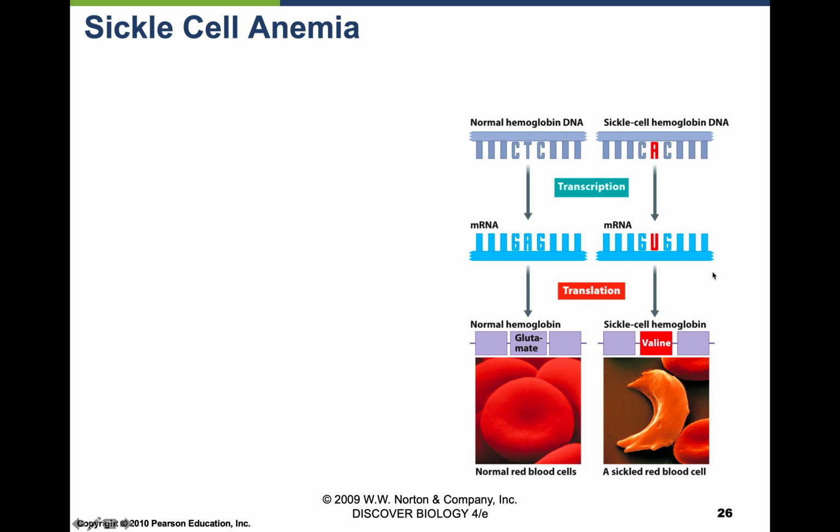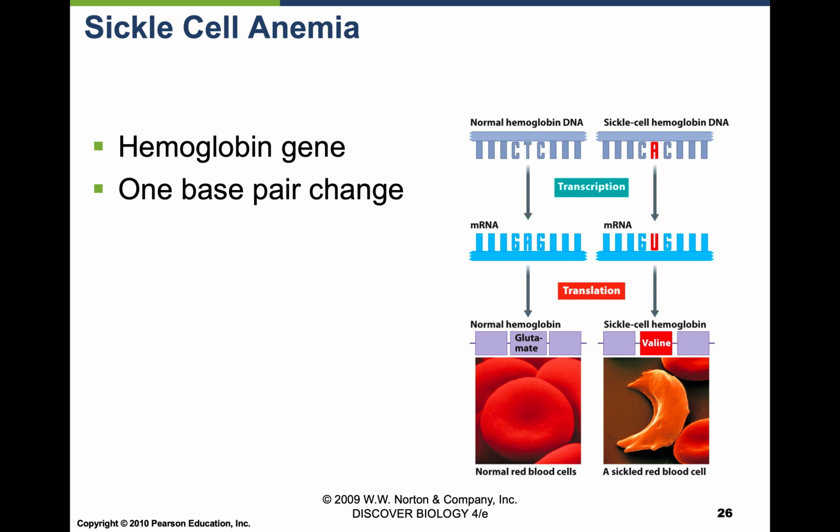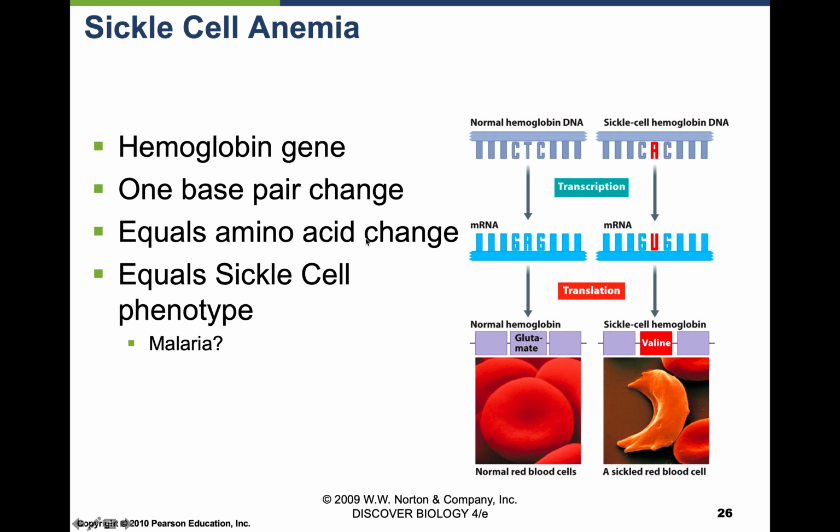Okay, so we're not just making up stories and drawing stuff up, this really happens. It's in the hemoglobin gene, it's really just a one base pair change, and it equals an amino acid change, which brings in the sickle cell phenotype.